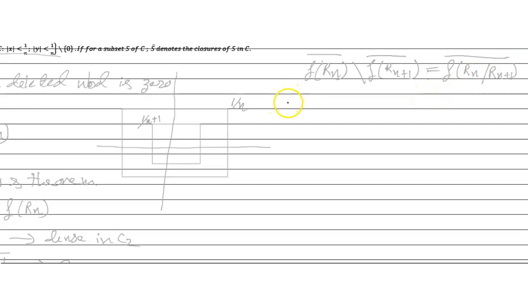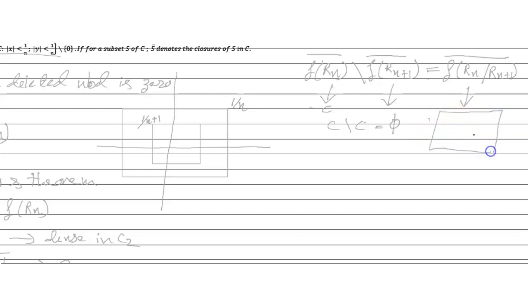In both cases, here it is C and here it is C, so C minus C equals empty, and this value is also empty.